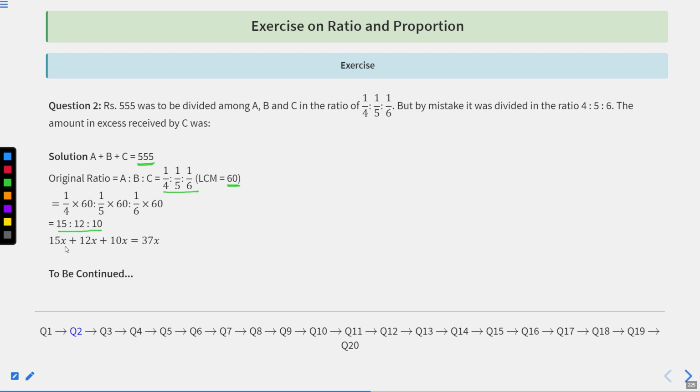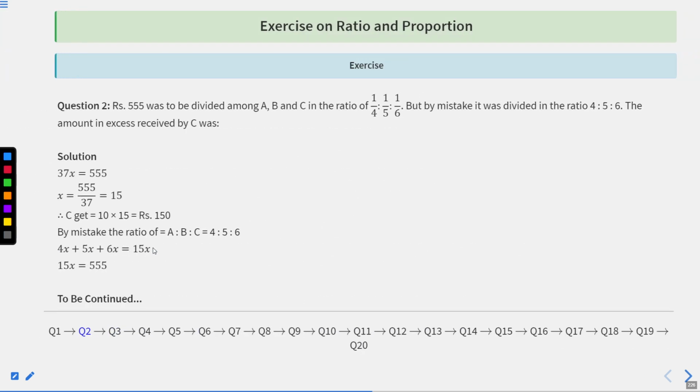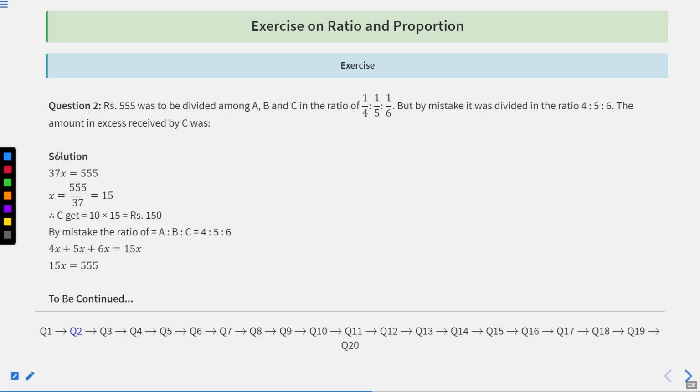So 15x plus 12x plus 10x is going to be 37x. And this 37x is going to be equal to the total amount, that is 555. That means x is equal to 15. So C gets 10 into 15, that is rupees 150.